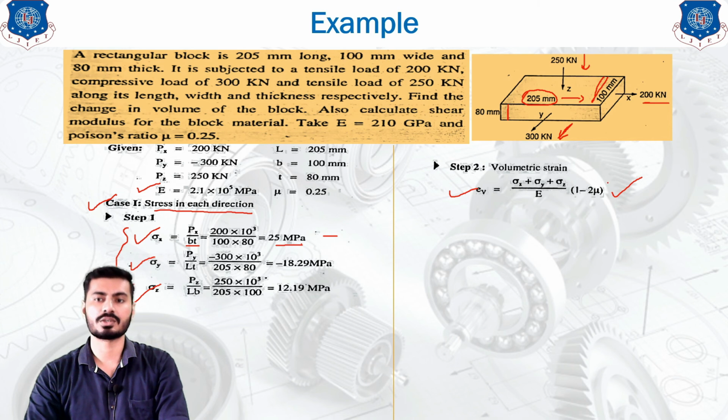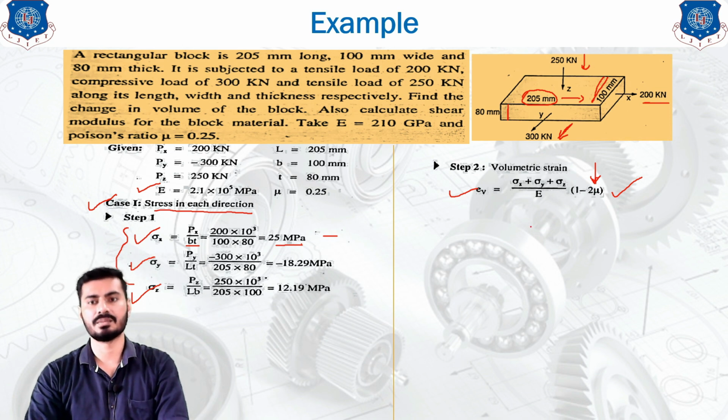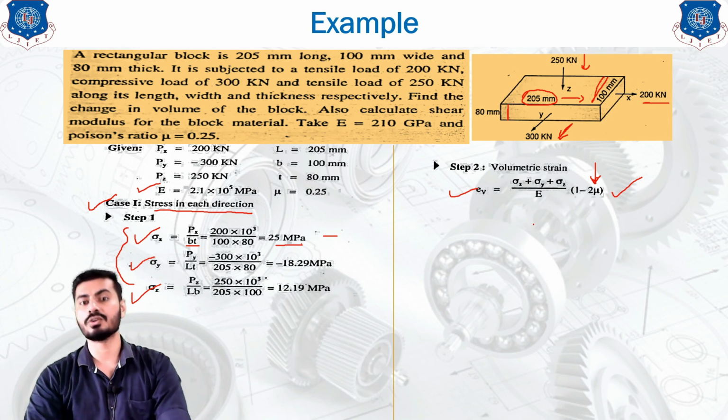There is a utilization of Poisson's ratio in this equation, which is also provided in the given data, so you can directly enter it. We have already calculated sigma x, sigma y and sigma z, so finding the volumetric strain should not be an issue.